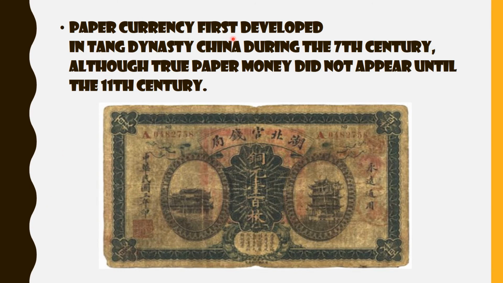Paper currency first developed in the Tang Dynasty in China during the 7th century, although true paper money did not appear until the 11th century. Here you can see the note that had been printed by the Chinese. That's how it looks. So kids, who invented the first paper money? The Chinese were the first people to print and use paper money, right?